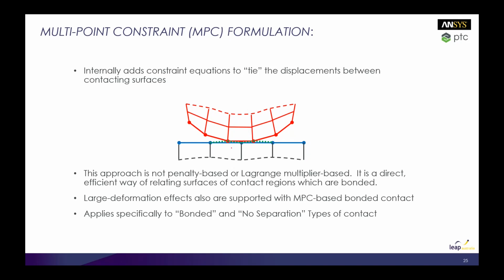As the red surface moves up, the nodes that are tied on the blue surface will follow. You can have large deformation effects supported with MPC contact, and again, it's only for bonded and no separation type contacts.